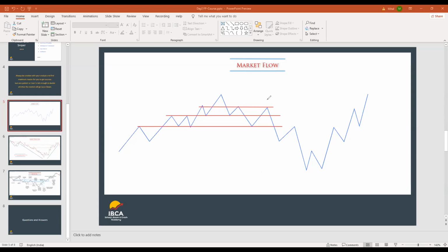Moving forward, the market has tested this neckline and broken strongly. 1, 2, 3. That is your head and shoulders pattern, correct? And if the market is breaking this neckline very strongly, you should understand that the downtrend is probably starting. Why is the market coming up here?